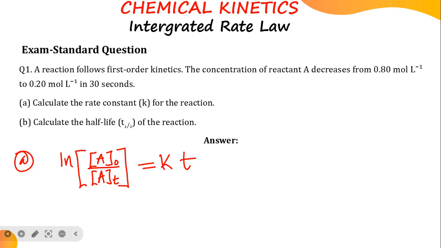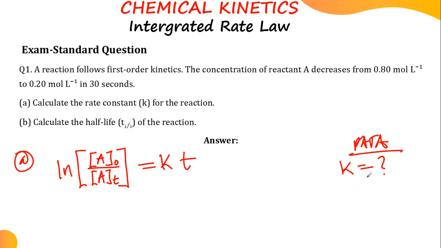So once you have this, you just have to collect the data now. Let's come up with our data. We're told to find K, the rate constant. Do we have the initial concentration? The concentration of the reactant decreases from this to this.